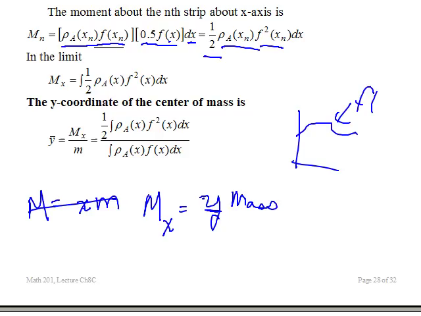Here's your f of x right here, dx, or rather delta x. Take the limit, we get the integral from x1 to x2 of 1/2 rho a of x, f squared dx. Now the y-coordinate of the center of mass is the moment about the x-axis divided by the total mass.